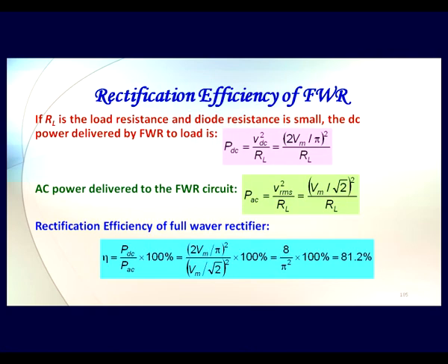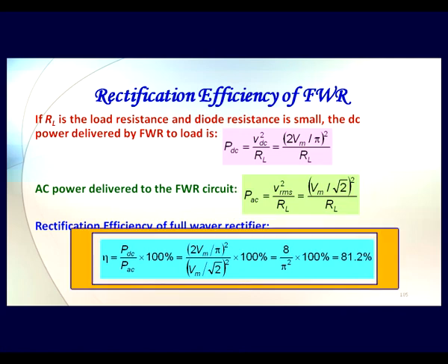And the rectification efficiency also, if you see, by just substituting VDC square by RL for PDC and Vrms square upon RL for PAC, then PDC by PAC will be equal to 8 by pi square into 100, that is 81.2%, a very high efficiency. And that's why we are having very good performance when a full wave rectifier is there.